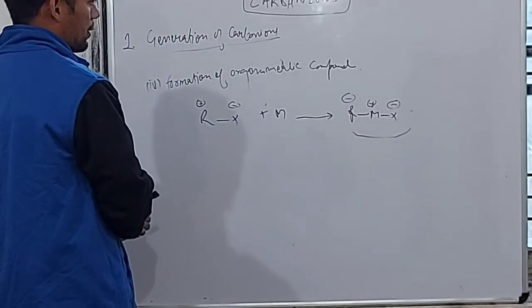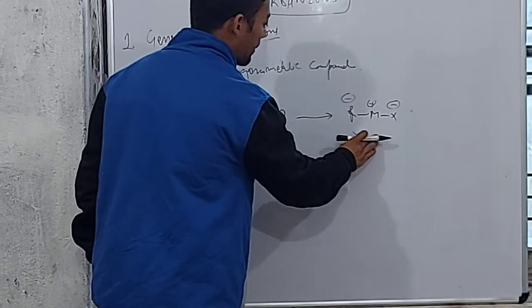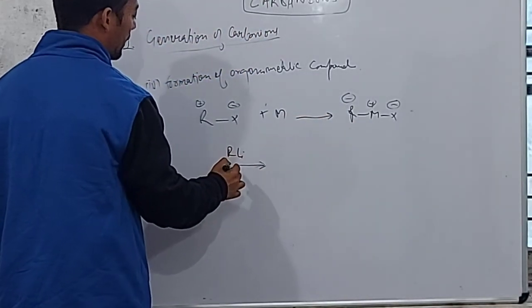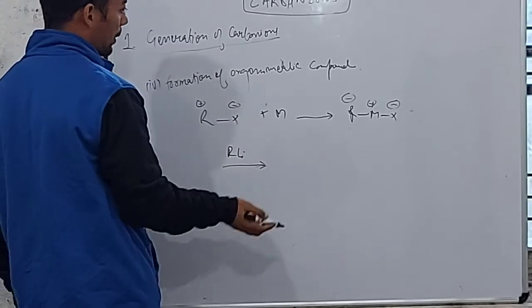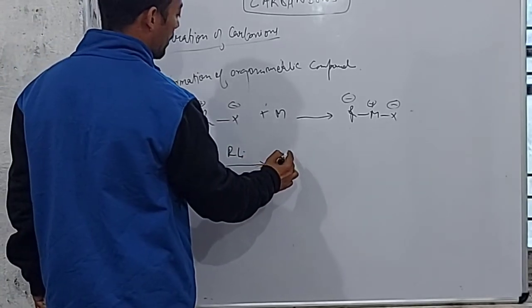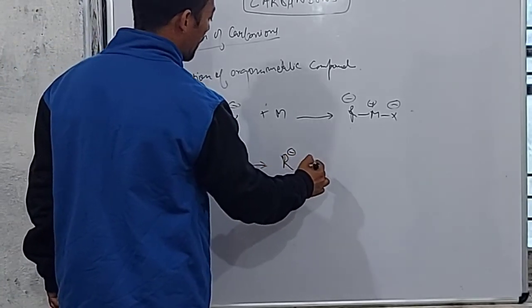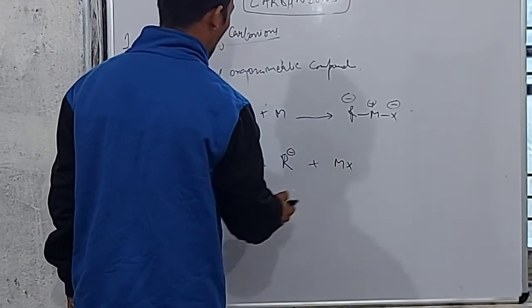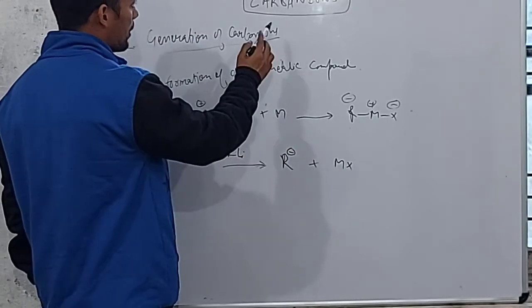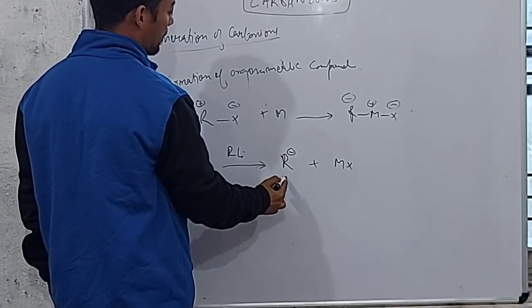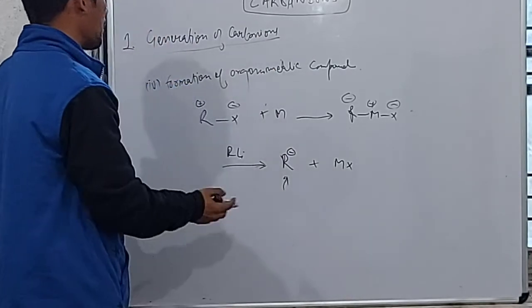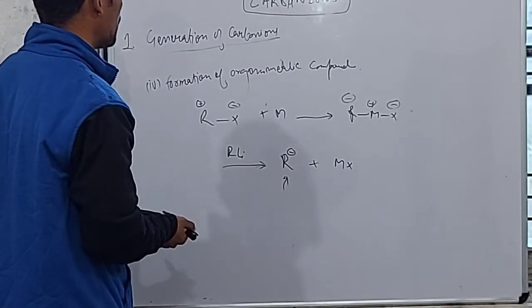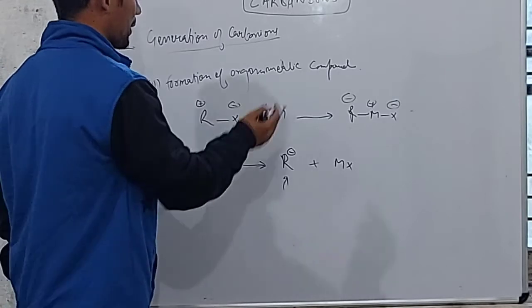In the next step of this reaction, when we react with alkyl lithium, we will get R negative separated, and MX. So we got a carbanion. This is how, by formation of an organometallic compound, we get a carbanion.